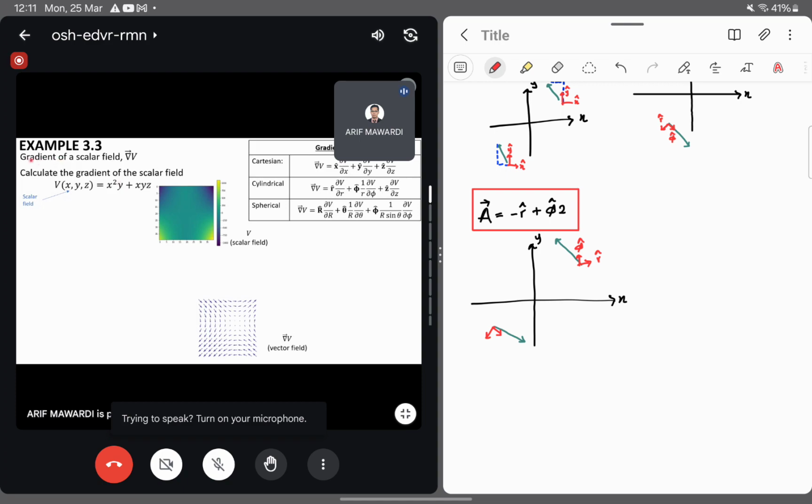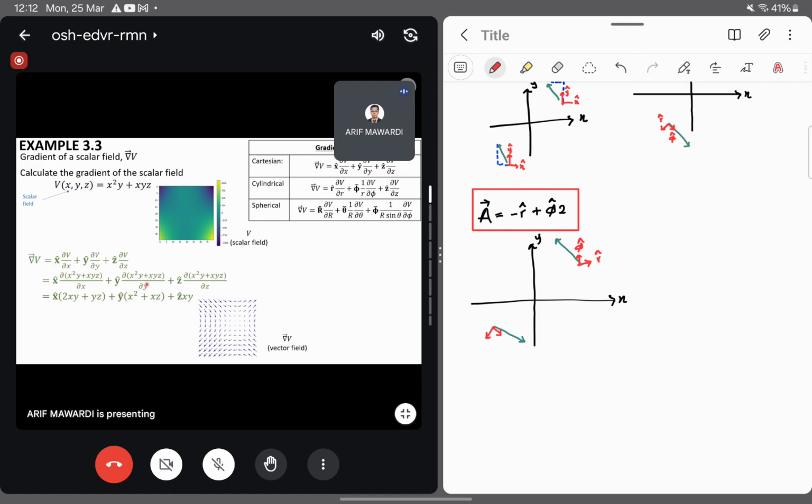The gradient is denoted by this operator, called the nabla operator or del operator. You can only perform the gradient on a scalar field, and when you do, you will get a vector field.